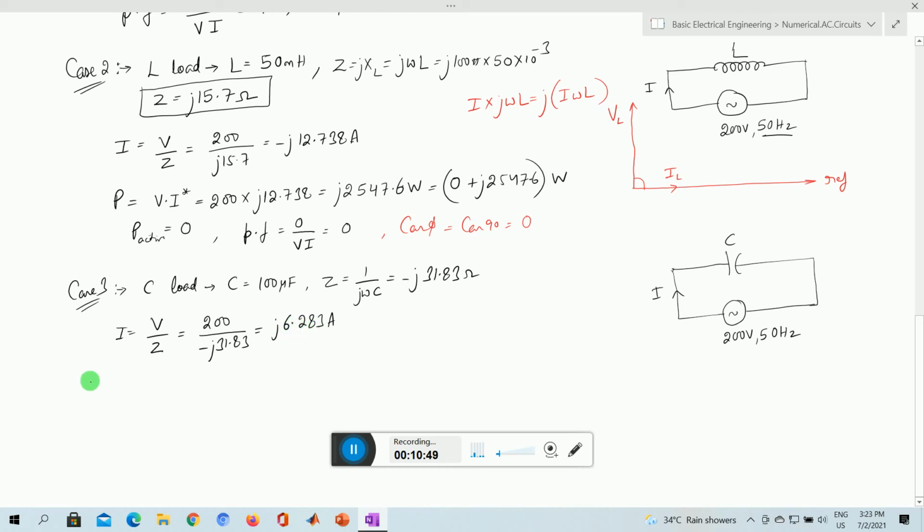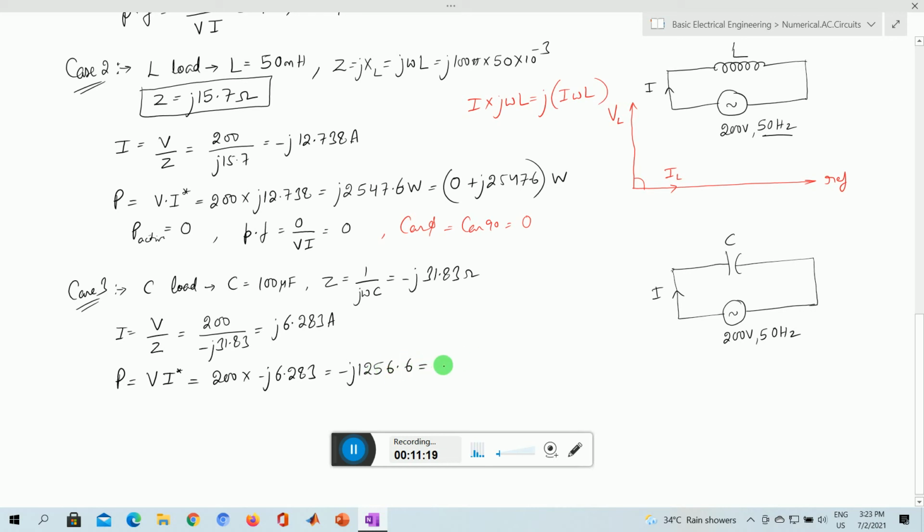So the active power dissipated in the load is again 0, but still for the sake of convenience let us find the value of VI star, that is 200 into minus J 6.283, that comes out to be minus J 1256.6, this much watt.